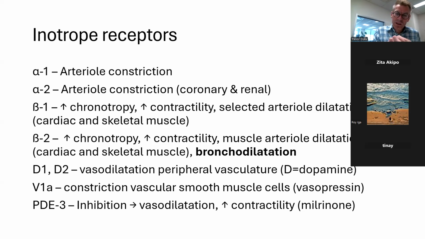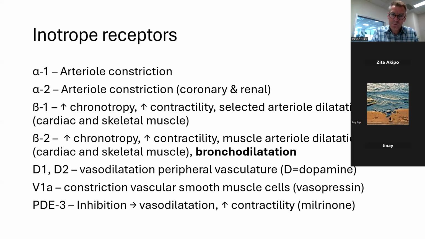Beta receptors improve chronotropy, that's the heart rate, and contractility of the heart. They cause selected arterial dilatation, which could be advantageous, such as coronary artery dilatation, or not so advantageous, such as skeletal muscle dilatation.